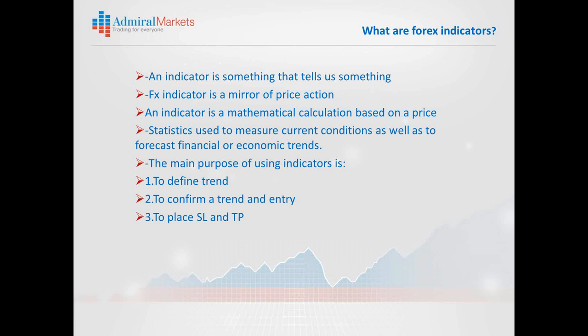But there are a few things that differentiate it. It is indeed a mirror of price action, but all indicators are mathematically calculated, and those are all calculated based on price. So there are no variations. There are some algorithms, some measures, some exponential equations and so on, but all indicators are mathematical calculations.